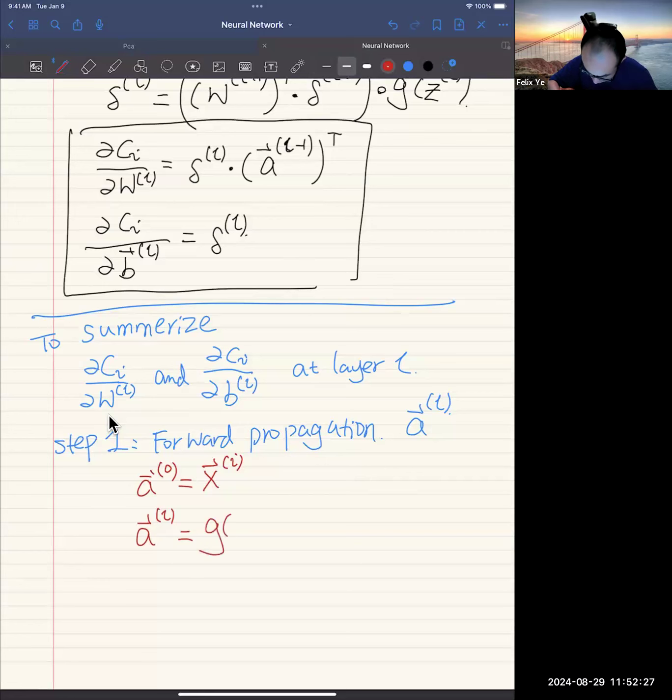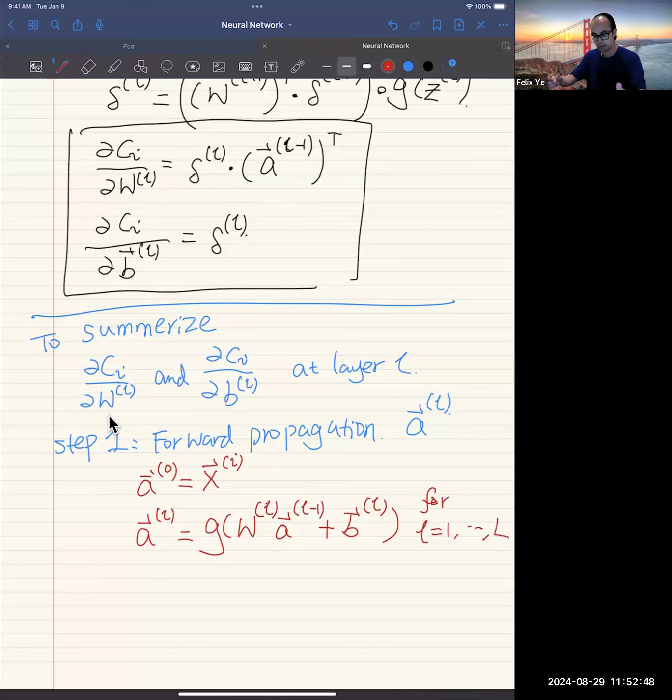So this is g of W_L A_{L-1} plus b_L, for L from 1 to capital L. So this is left to right. From 0 you get 1, from 1 you get 2.